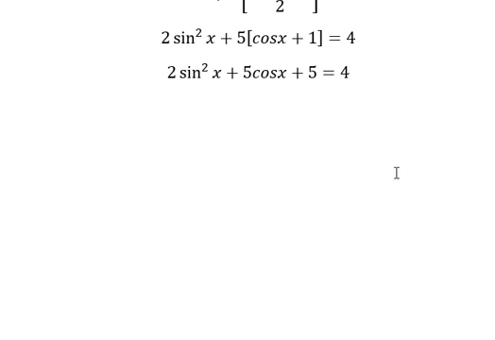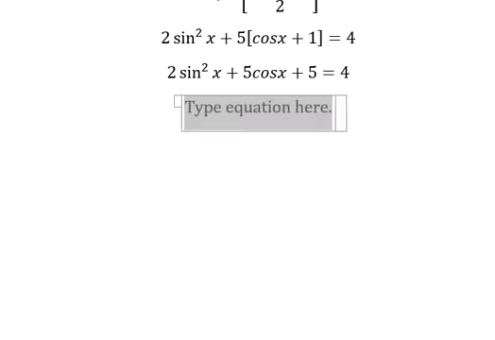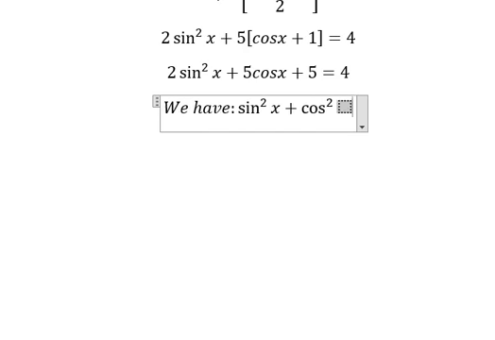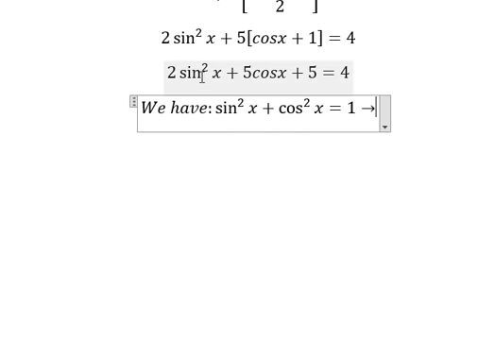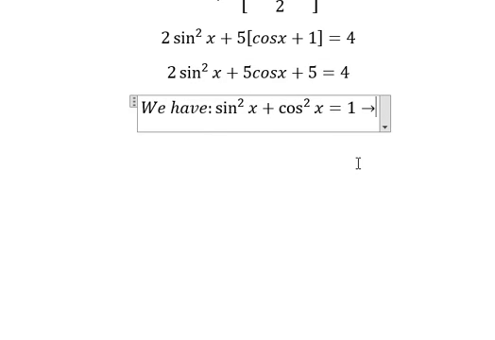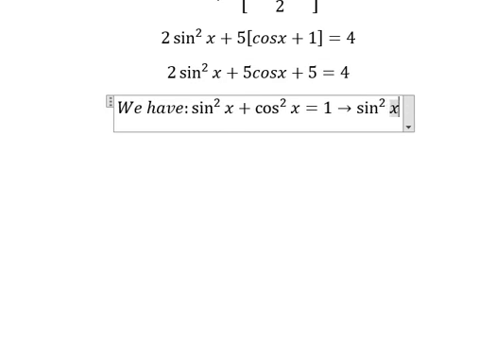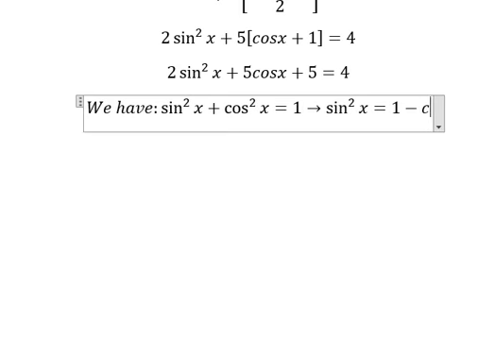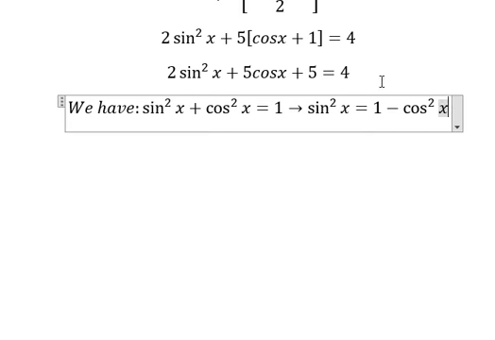Next, we have sine x squared plus cosine x squared equals number 1. So we have sine x squared in here. So we put cosine x squared to the right. You get sine x squared equals 1 minus cosine x squared.